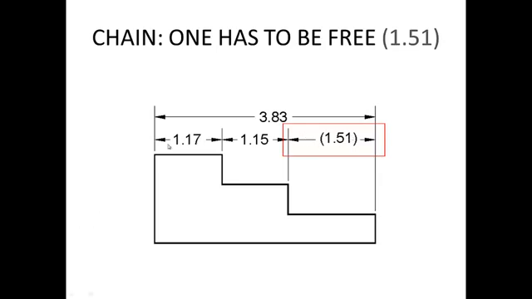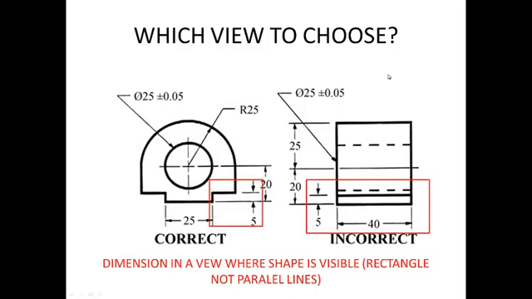So in this way, we have a chain of 1.117 measured from the left, and then 1.15 in series is measured from the one we just have, and then the last one should be free. This would be a better way of dimensioning than having these three in a chain and not having the overall one, 3.83.